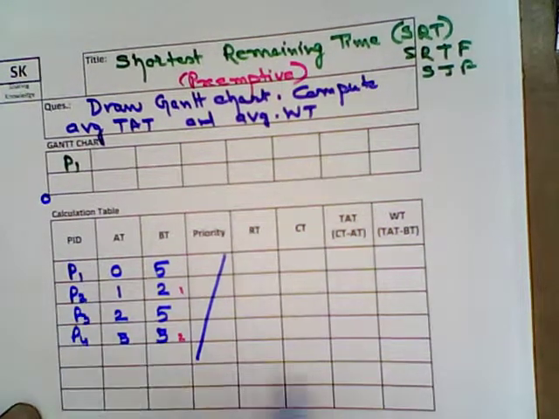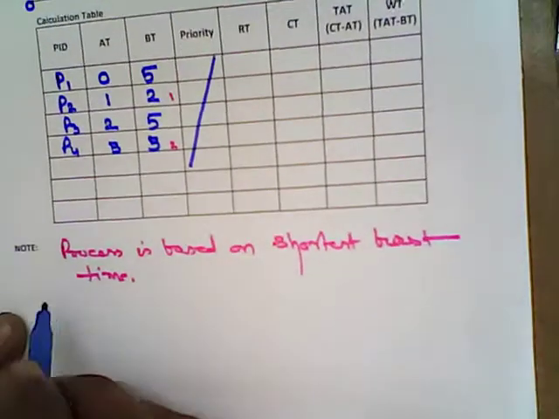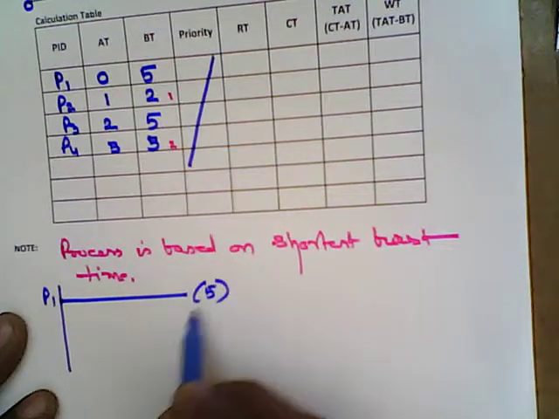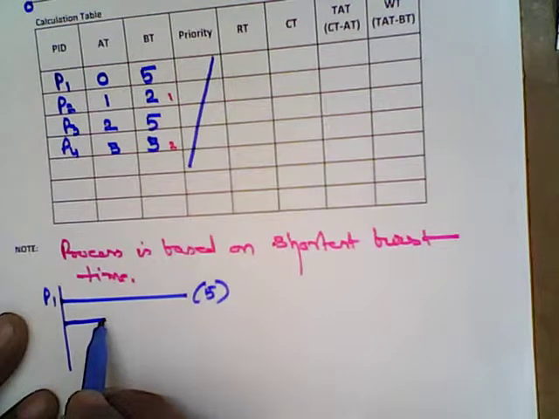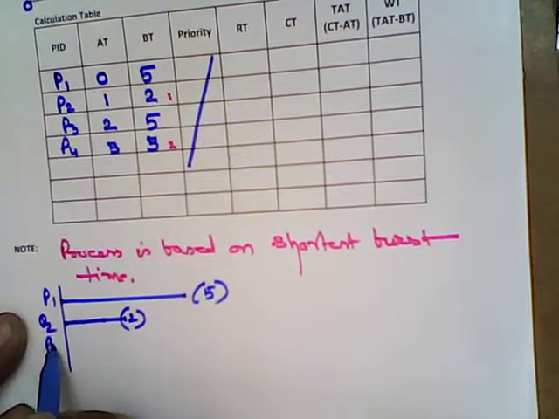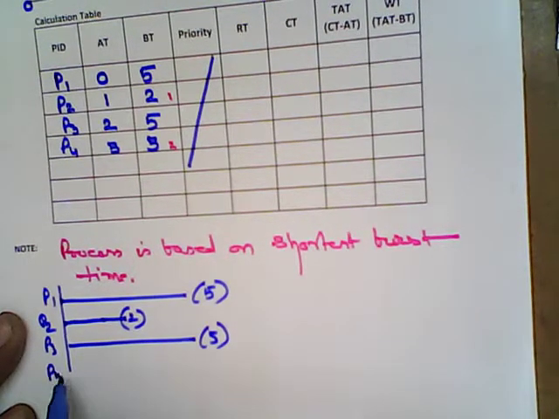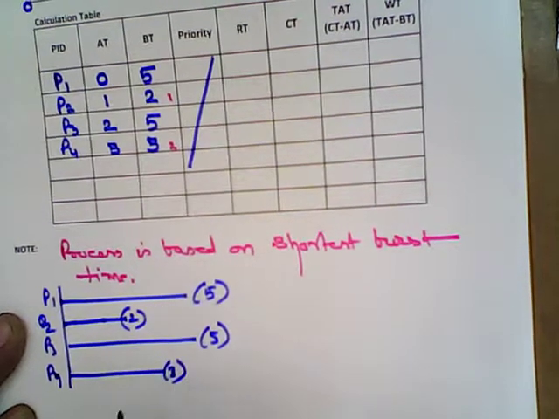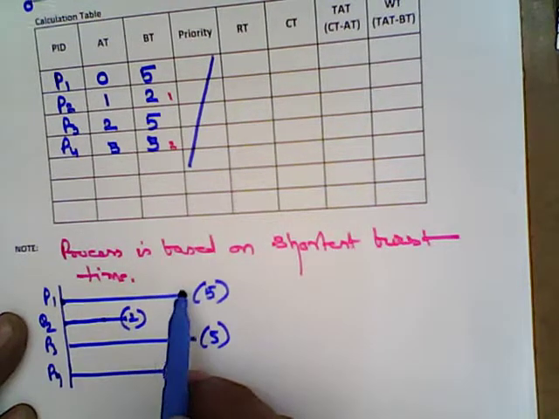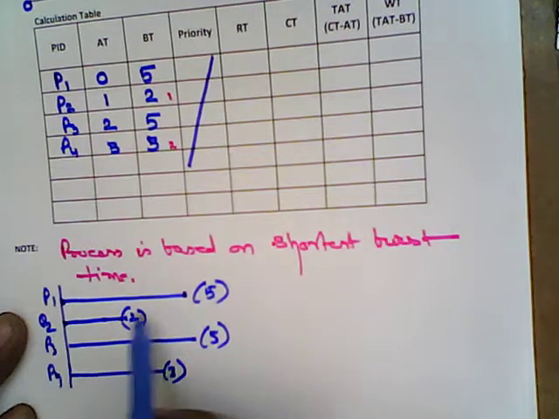As I have shown in my earlier slides, P1 will run for 5 units of time, P2 for 2 units, P3 for the same 5 units, and P4 for 3 units of time. If we run P1 for the whole 5 units, the others will be waiting, starving until P1 is completed.